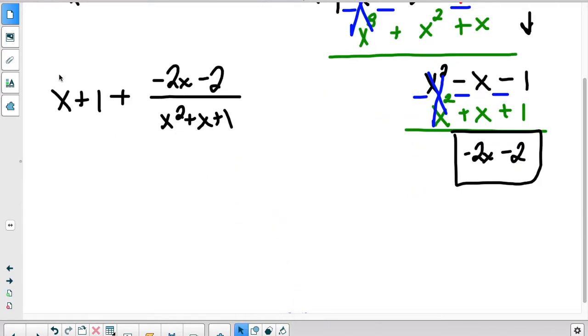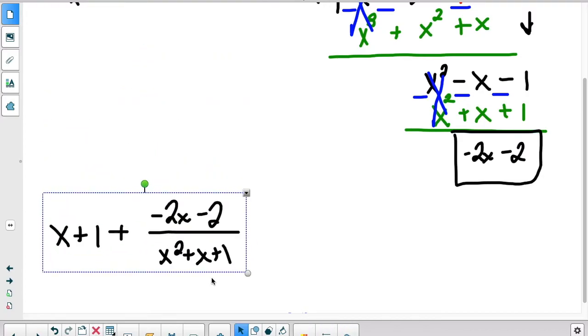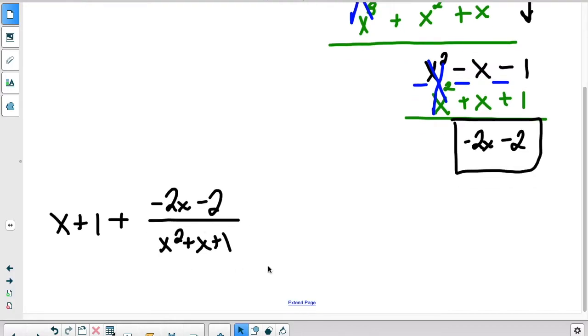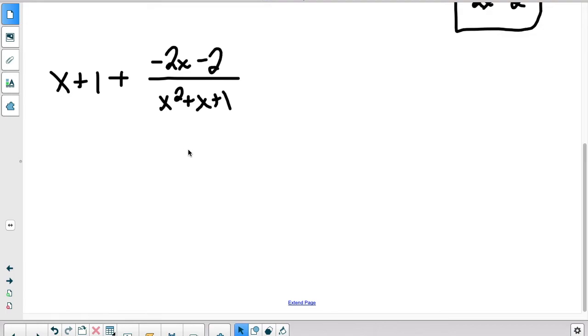Now the next thing we need to do is factor the denominator, because now we have it in a form where the numerator is less than the denominator. We need to see what this factors to. Looking at x squared plus x plus 1, it looks like there's a chance it might not factor.